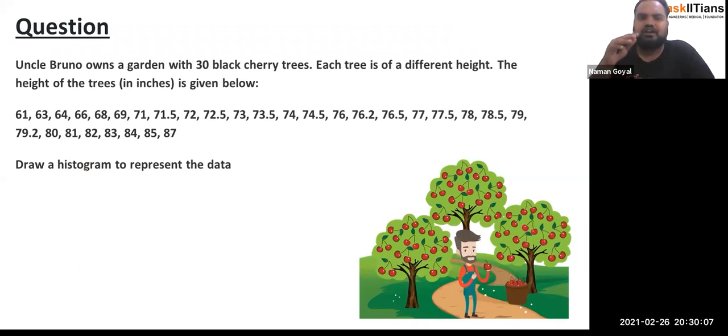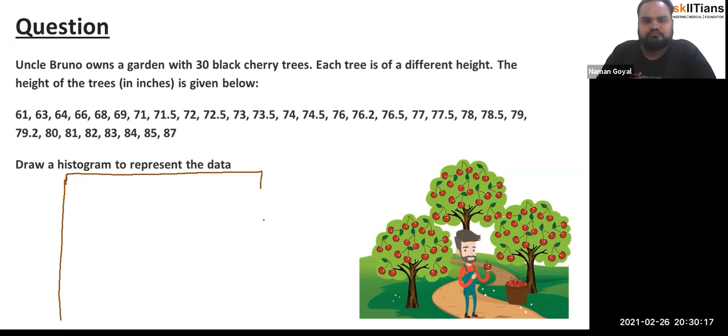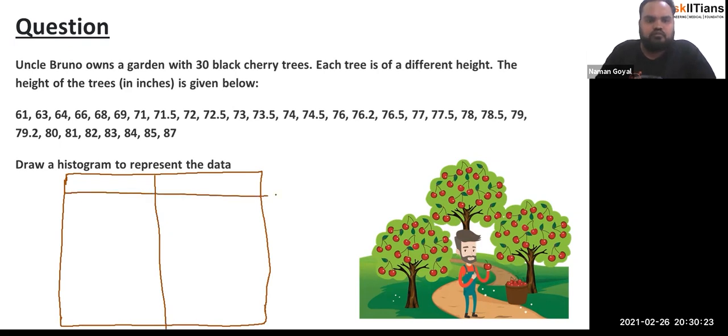We want the data in intervals. So first of all, I have to draw the frequency distribution in class interval form, with class interval and frequency.